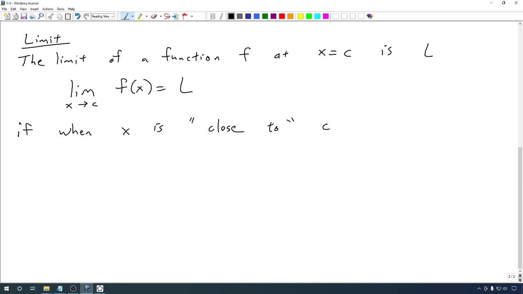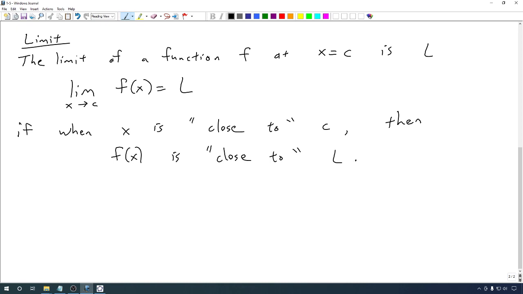But we'll not get into that here because it's not really too useful for what we're going to be doing with it. But what this means is that when x is close to c, then f of x is close to L.